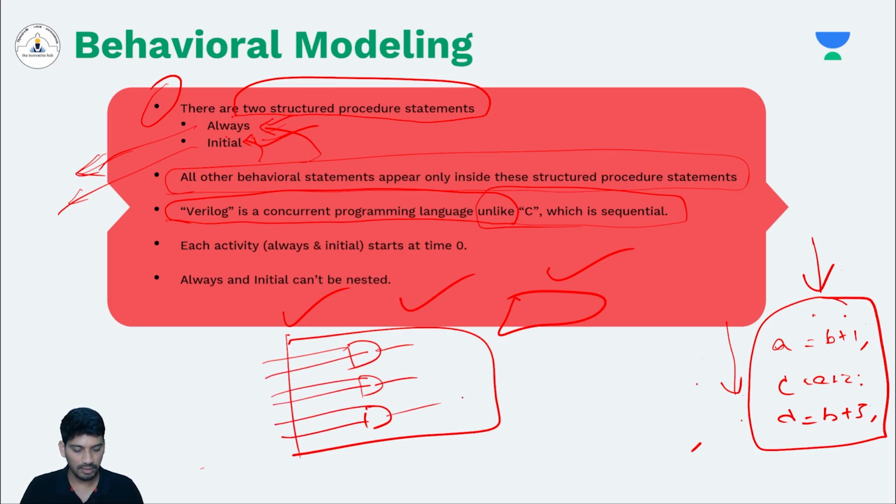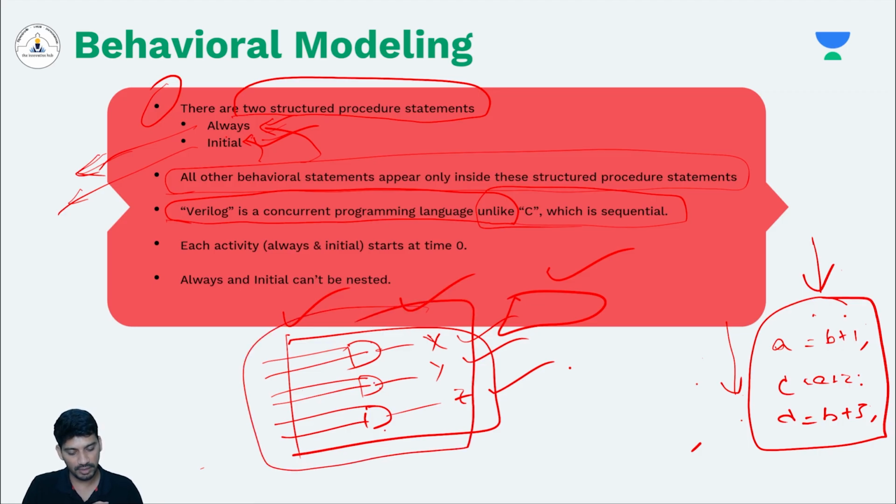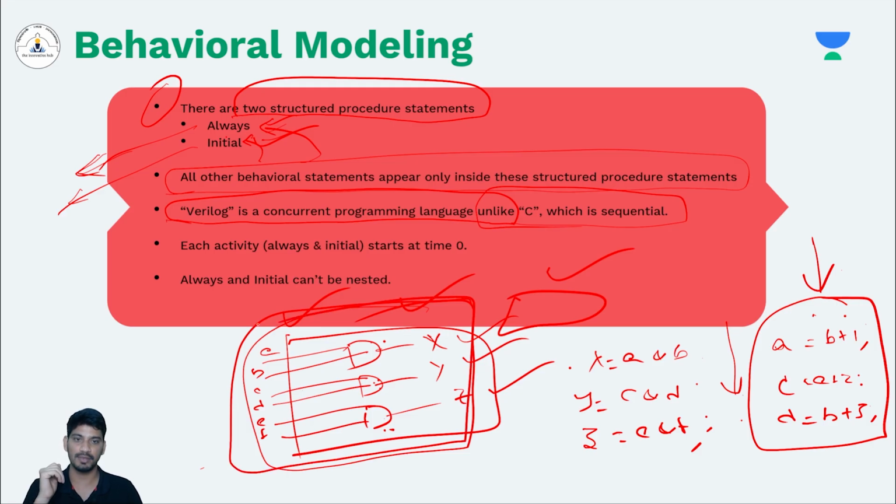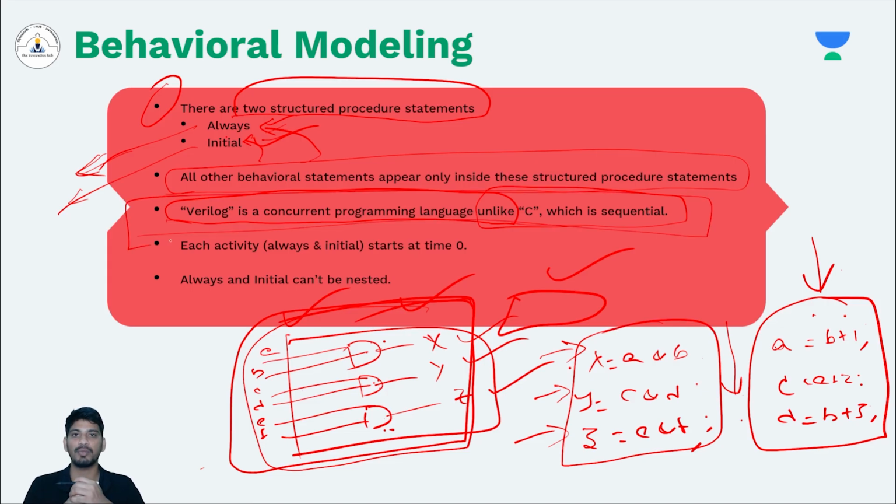It has three different outputs, and you want the three different outputs to be executed at the same time. This is where Verilog helps you. If you write these three outputs in Verilog, x is equal to A and B, y is equal to C and D, then Z is equal to E and F. Verilog will execute all the three at the same time. Instead of executing sequentially, it will execute concurrently. So that is the most advantage of Verilog compared to the C language, which is a sequential language.